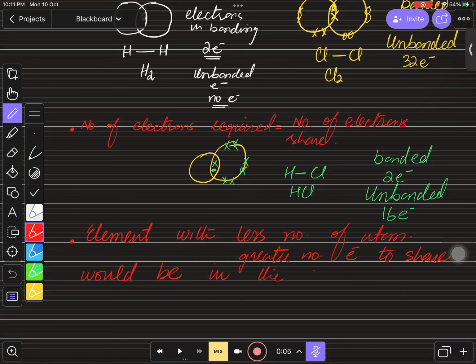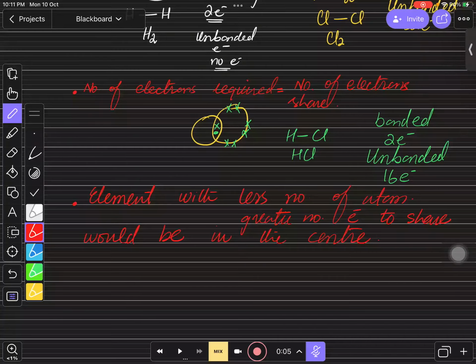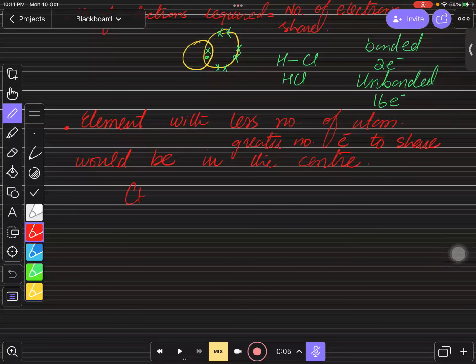For example, if you have CH4 or NH3, you can see that we have 2 different non-metals here, but the element with fewer atoms is carbon. Carbon has the electronic configuration 2,4, and hydrogen has 1 only.